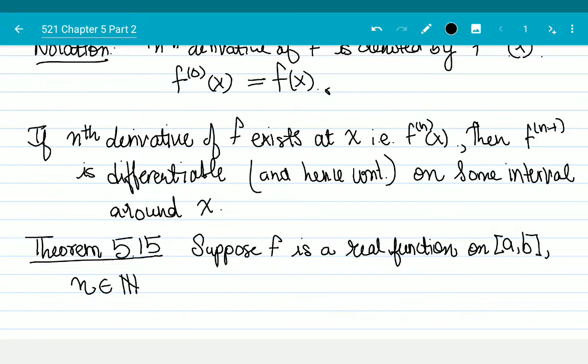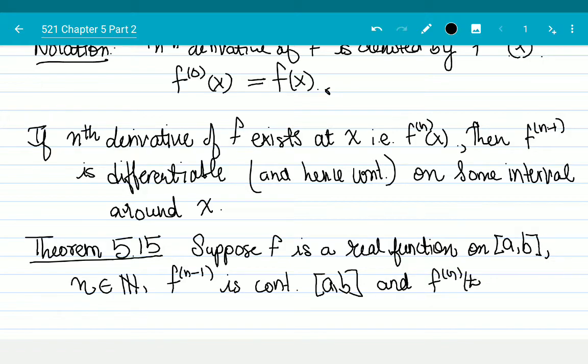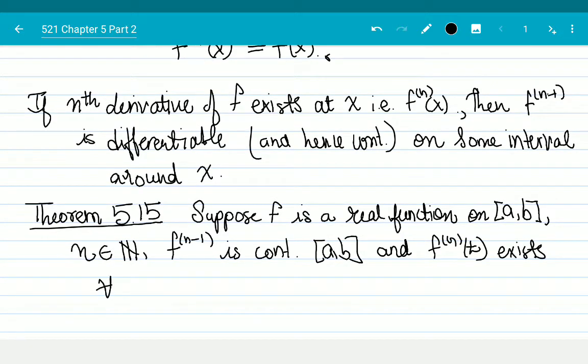Suppose f^(n-1) is continuous on the closed interval [a, b], and f^(n)(t) exists for every t in the open interval (a, b).